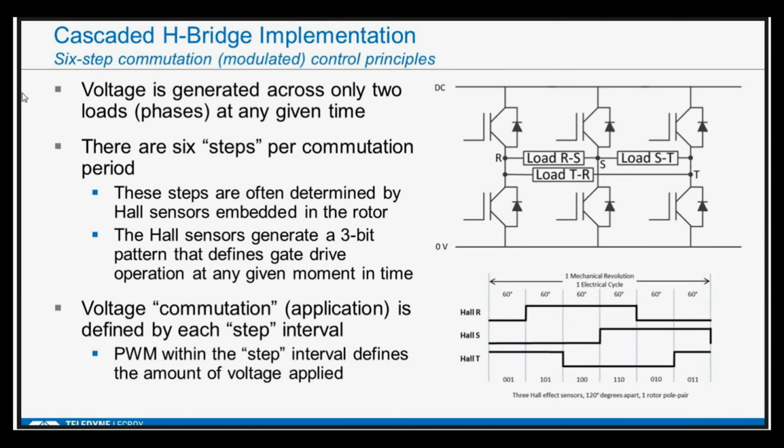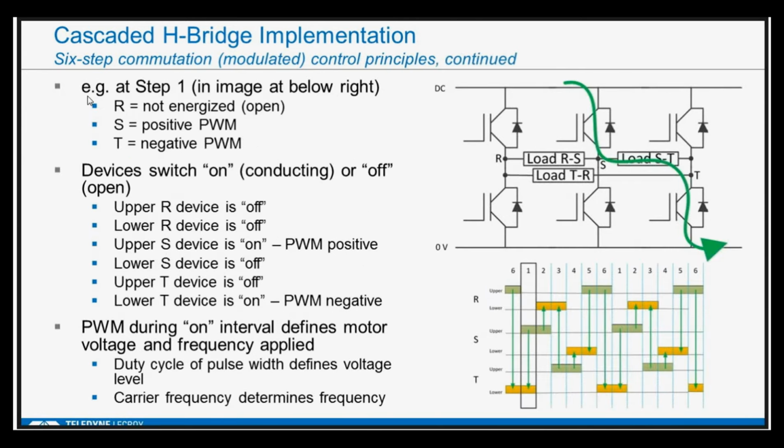Basically, we're only applying voltage across any 2 phases at any given time. What that means is the control system is a little more simplified. It's not quite as sinusoidal at the end of the day, which is why the other system is called sinusoidal, and this will be called brushless DC perhaps, or 6-step or something like that.